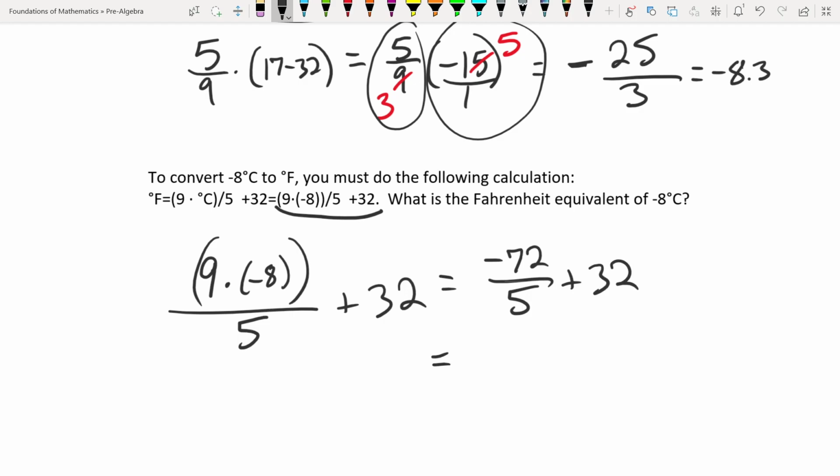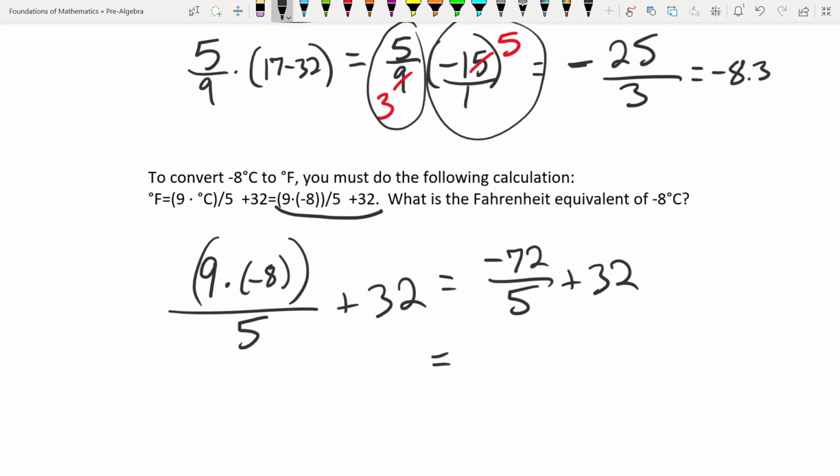And I'm not going to add two improper fractions. I'm going to actually change the negative 72 over 5. I'm going to do the division because, again, we don't really have degrees in a fractional form. We have it in a decimal form, if anything. So negative 72 divided by 5 gives us, well, it's going to be negative first off.